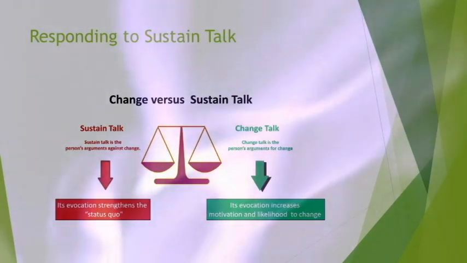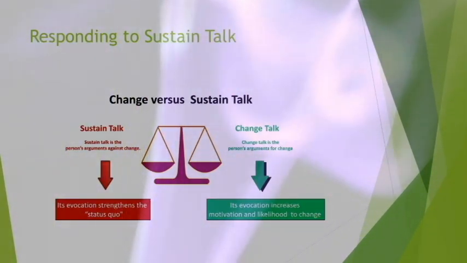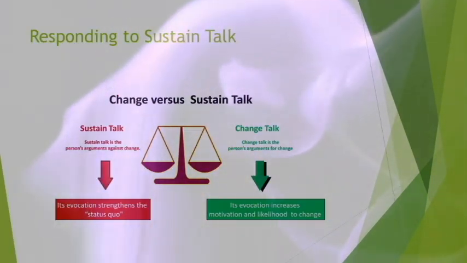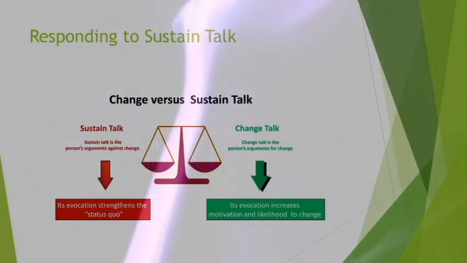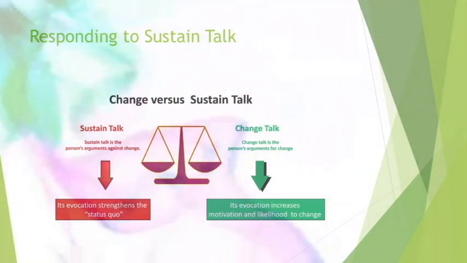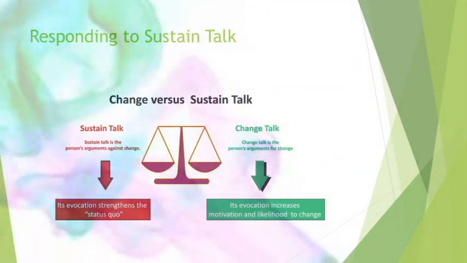It helps me to cope. They're fighting against their own desires. And rather than arguing, just reflect back that ambivalence. Remember, ambivalence is a natural process. It's not necessarily defensiveness. It is part of them being honest with themselves.